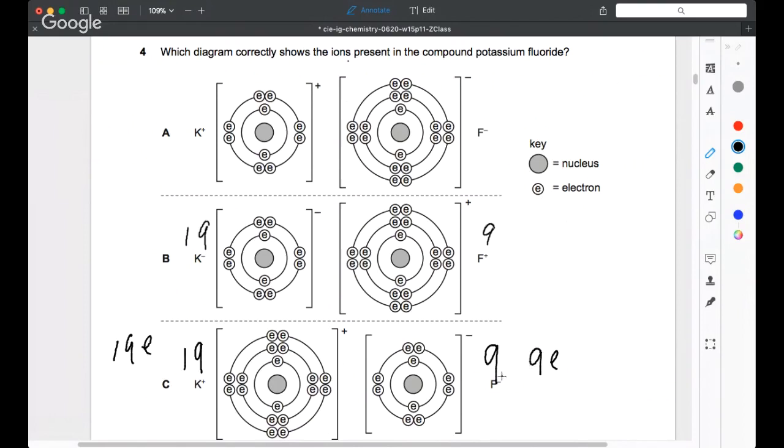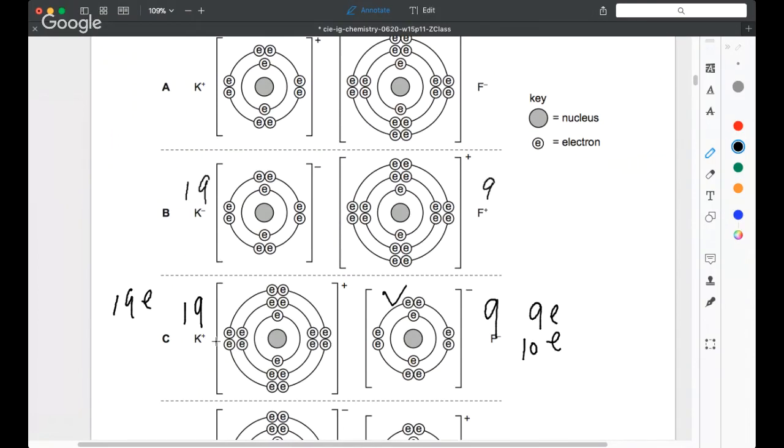But here we can see the fluorine is negatively charged, so it should have 10 electrons. This one gives you 10 if you count the numbers. Because potassium is positively charged, you would have 18 electrons. So 19 minus 1, 18. And here gives you 18 electrons. So the correct answer is C.